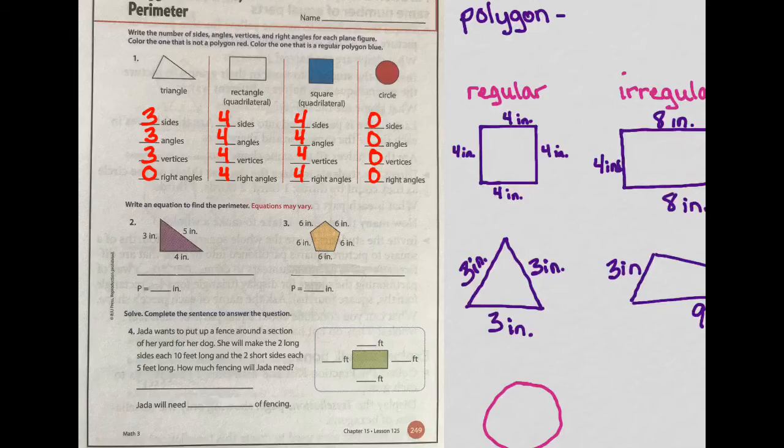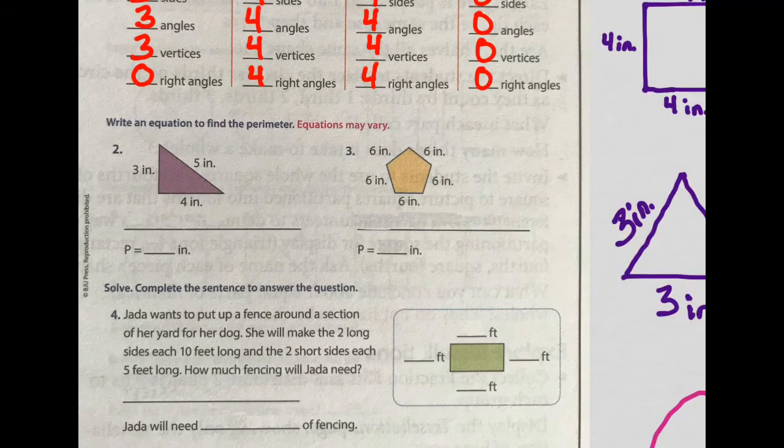All right, so I'm going to do number 2 with you. To find the perimeter of a shape, we're going to add this line here. So it's 3. And then we're going to add it to this one, plus 4 inches there.